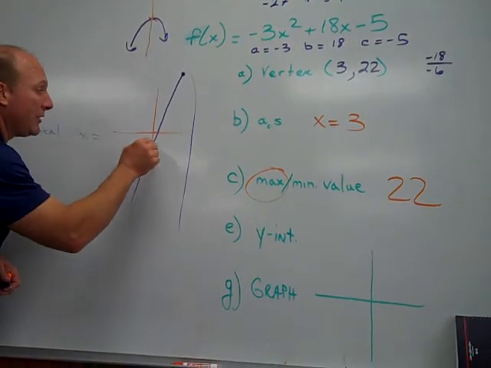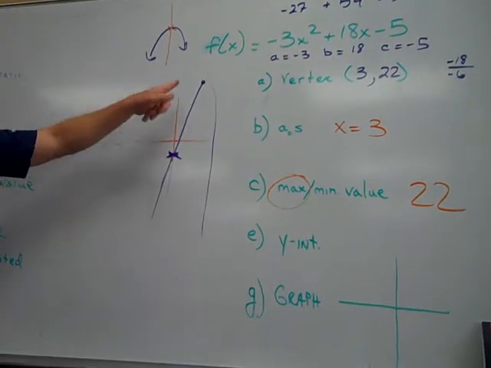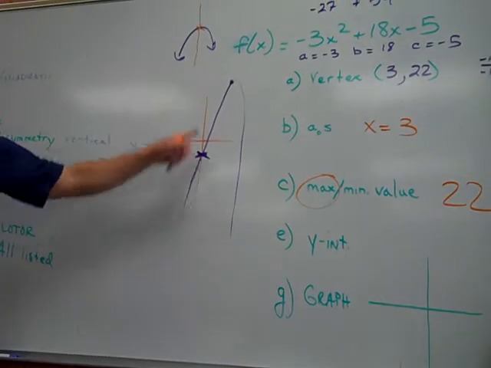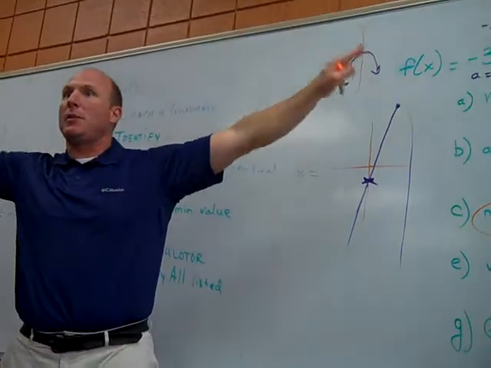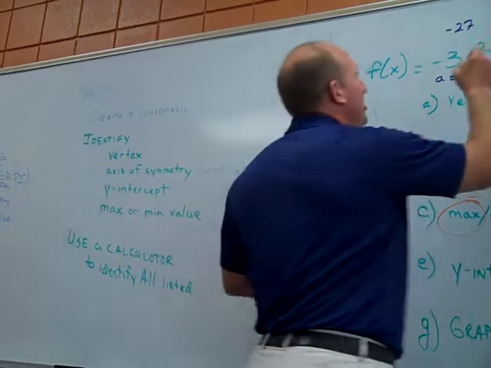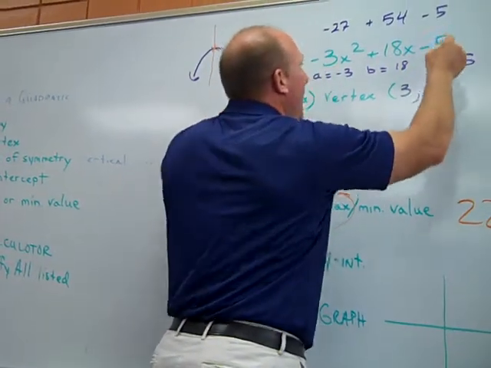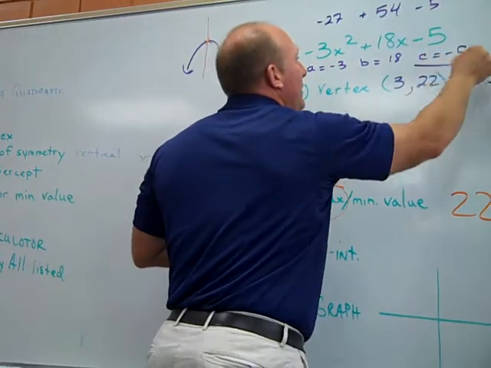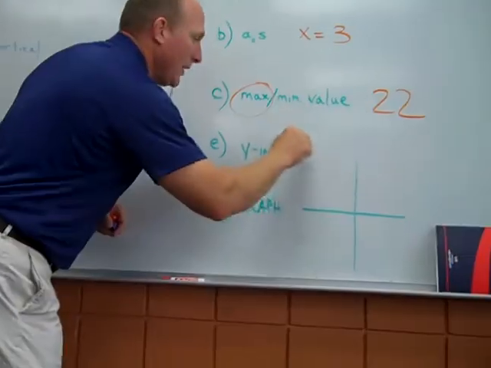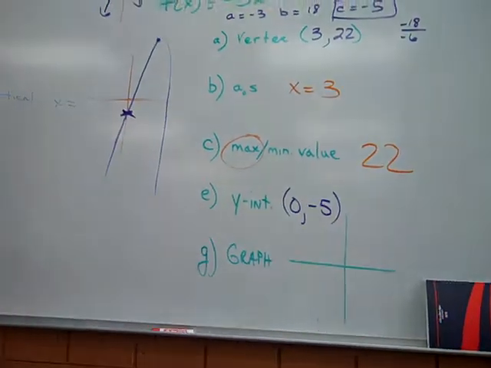So it's going to cross the Y-axis right here. You know how to find that in 1.5 seconds. What's the X value on every single point on the Y-axis? 0. So if I put 0 in here, what's left? Negative 5. So this C value will be your Y-intercept. I just graphed it. I'm done.